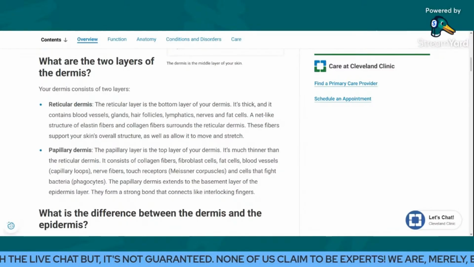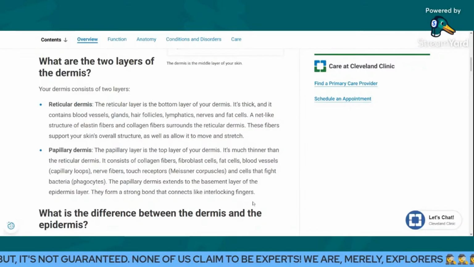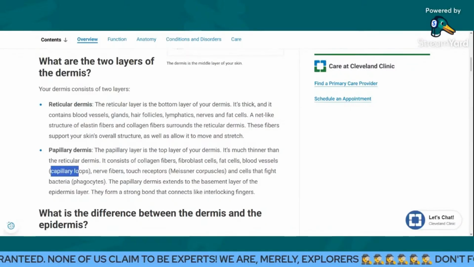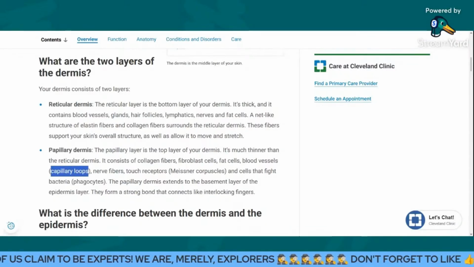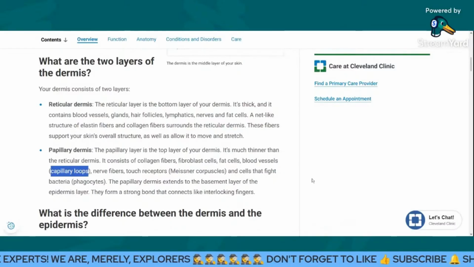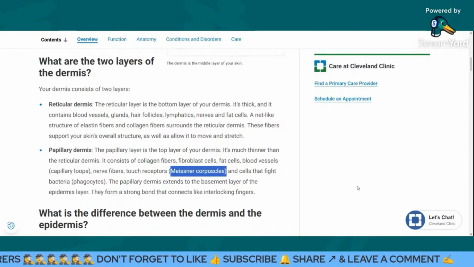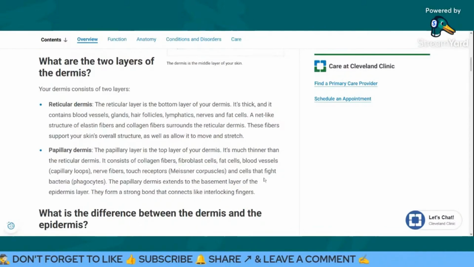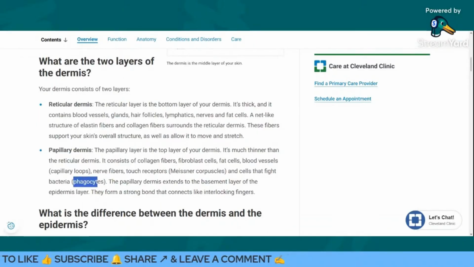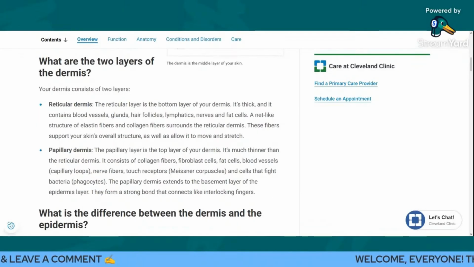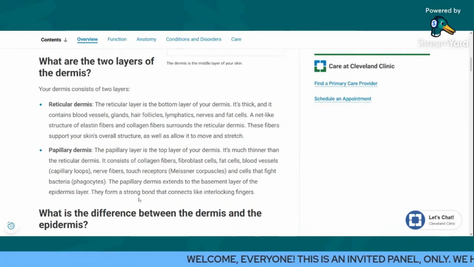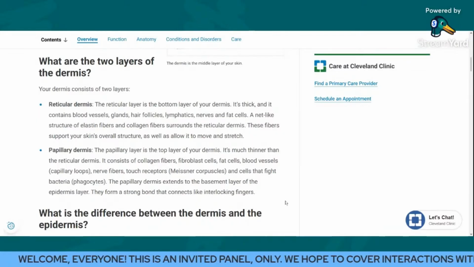Fibroblast cells, fat cells, blood vessels, which are also called capillary loops, nerve fibers, touch receptors, which are also called Meissner corpuscles, and cells that fight bacteria, phagocytes, I think that's pronounced. The papillary dermis extends to the basement layer of the epidermis layer. They form a strong bond that connects like interlocking fingers.